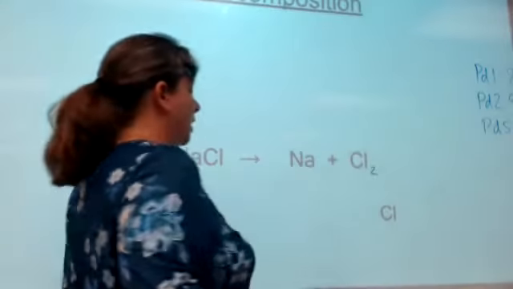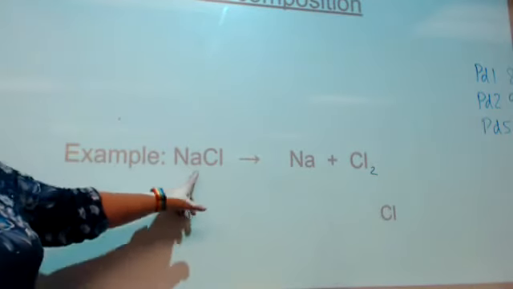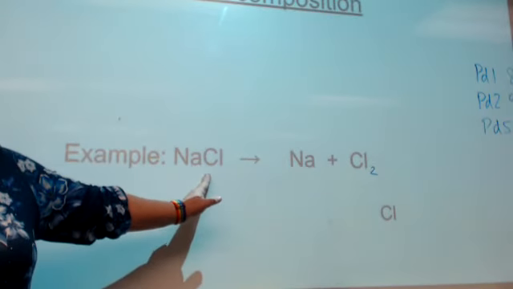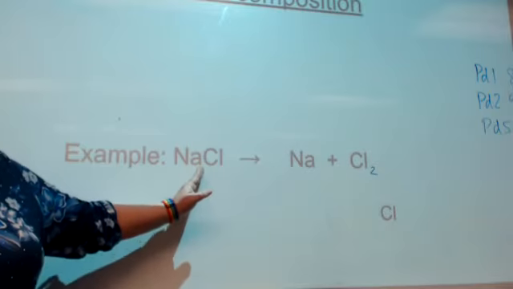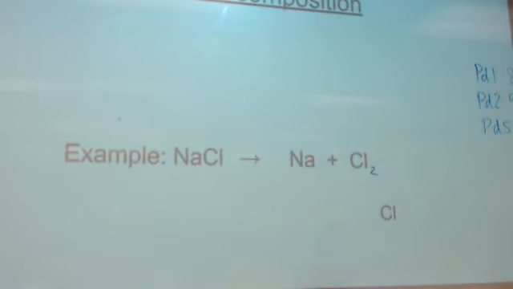Decomposition. There's an error here, by the way. Decomposition is the opposite. When something decomposes, like a body, it breaks apart. So in a decomposition reaction, notice we have one thing to start with, so no plus signs, and then it breaks apart into multiple products.